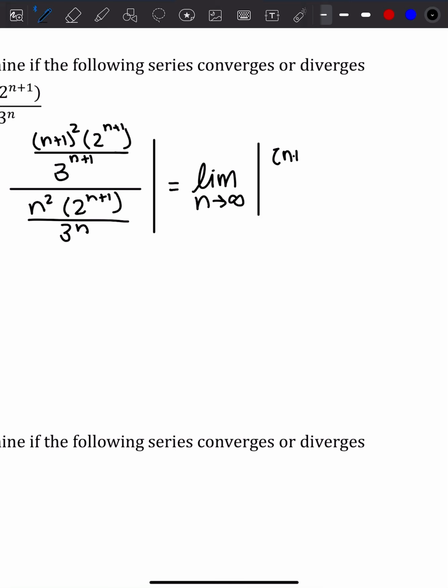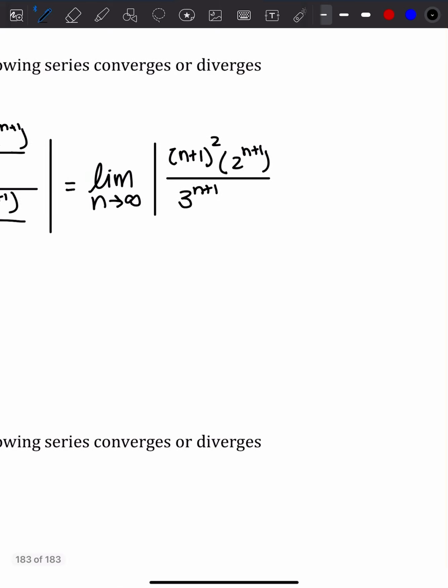So n plus 1 squared, 2 to the n plus 1, 3 to the n plus 1, times 3 to the n over n squared 2.